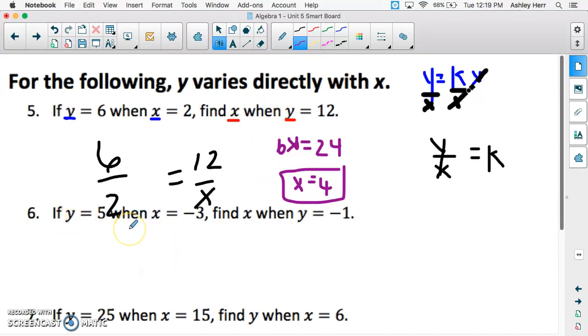So number 6, try to do this one on your own. I'm going to work it out on my paper as well. It tells you that it varies directly with x.